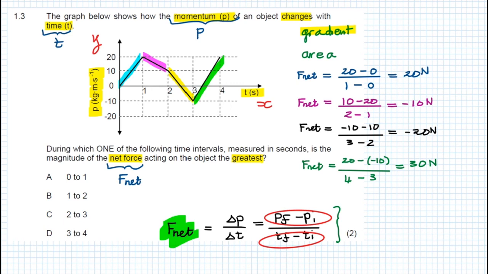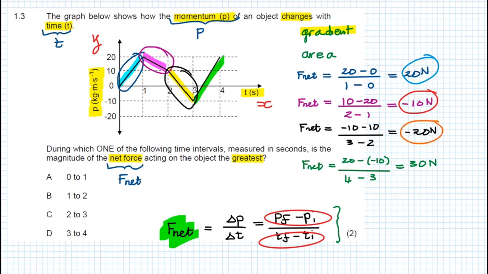For the first section, we see that the net force is 20 newtons. Then between 1 and 2 seconds, we have that the net force is given as negative 10 newtons. Its magnitude is 10. Between 2 and 3 seconds, the net force is given as negative 20 newtons, or its magnitude is 20 newtons.